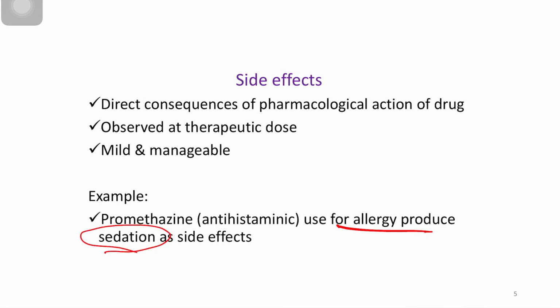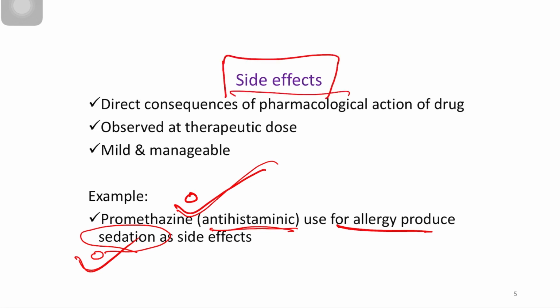Sometimes the patient gets sleepy as well. So this kind of adverse drug reaction, that is called sedation, is associated with promethazine or other antihistaminic medications. So this is an example of side effects, because this adverse drug reaction, sedation, is not that complicated, and it is not associated with mortality much.